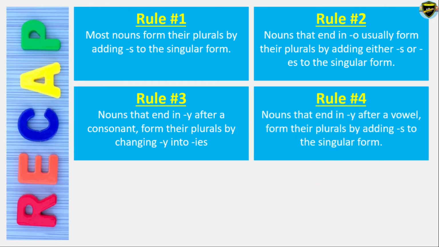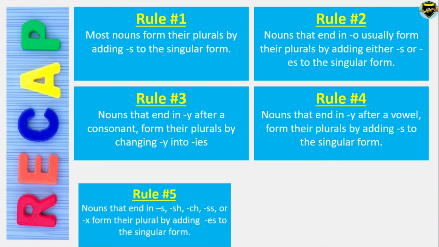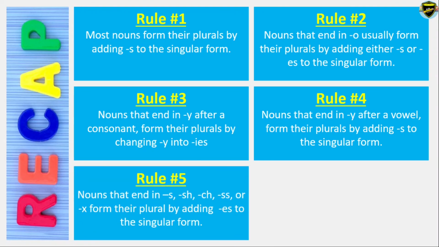Rule number 4 says nouns that end in y after a vowel form their plurals by adding s to the singular form. Rule number 5 says nouns that end in s, sh, ch, double s or x form their plural by adding es to the singular form.